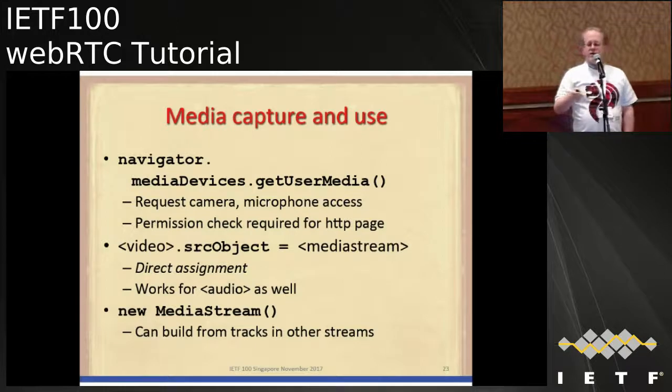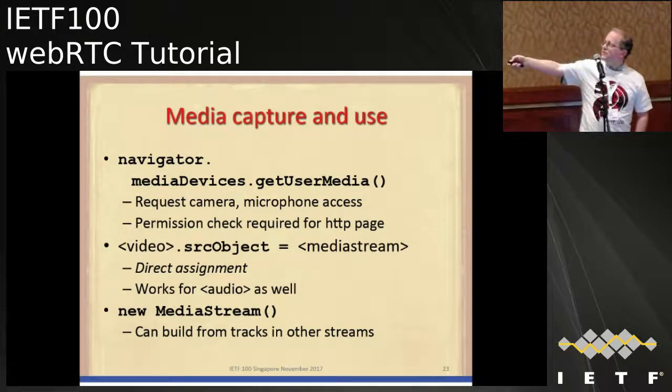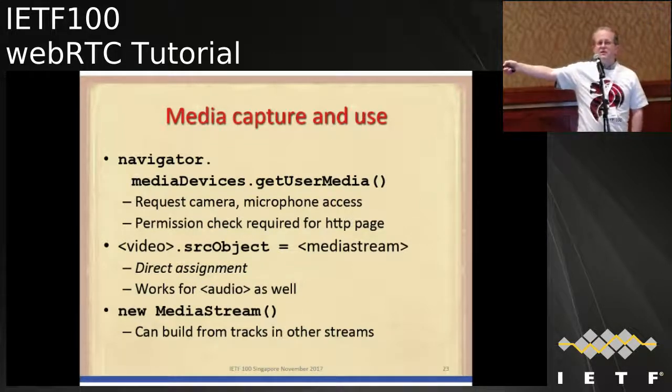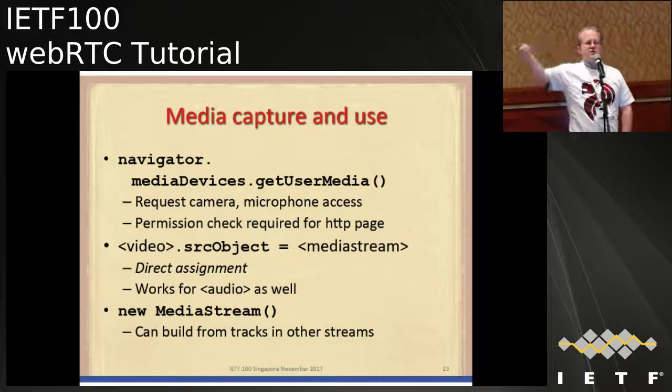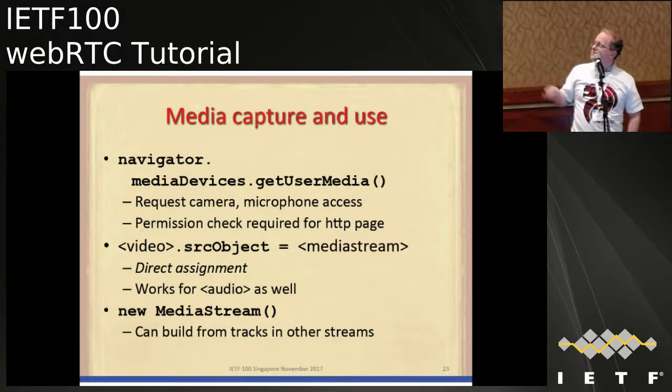So the point here is that instead of just setting the source of a video element to be a URL, you can set the srcObject to be your media stream directly. Okay, so it's not going to fetch a resource that's referenced by URL. Instead, it's going to use a local media stream.